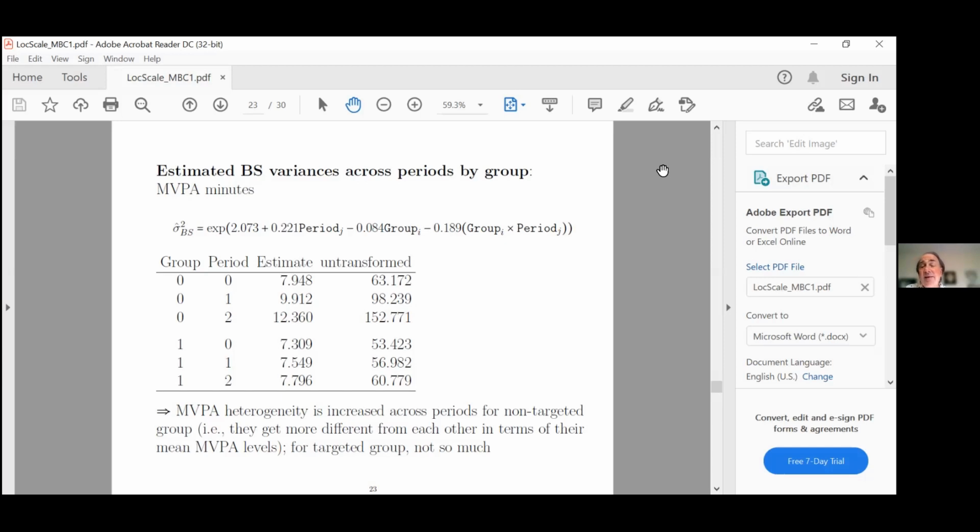In some ways, I guess it's being absorbed in the variance parameters, presumably. Yeah. And you might want to separate that out, as you say. That's a really good suggestion. Thanks.